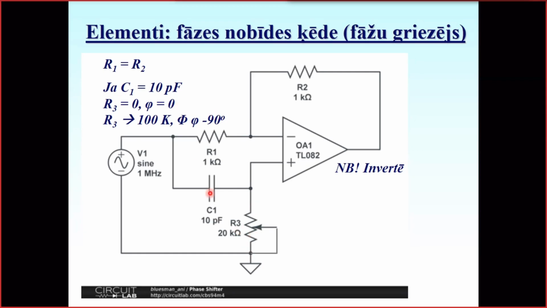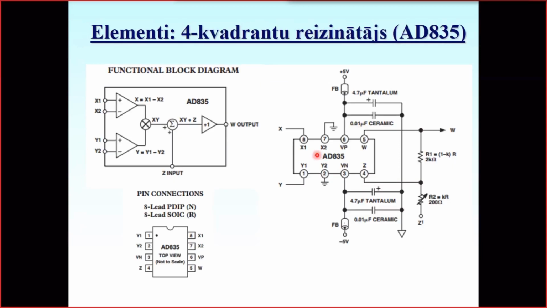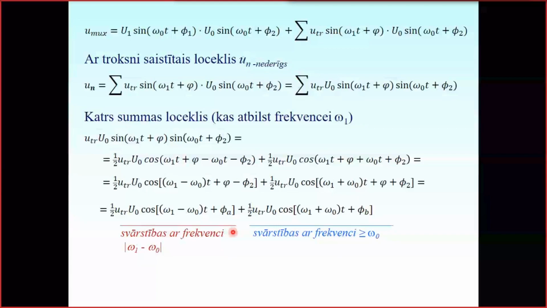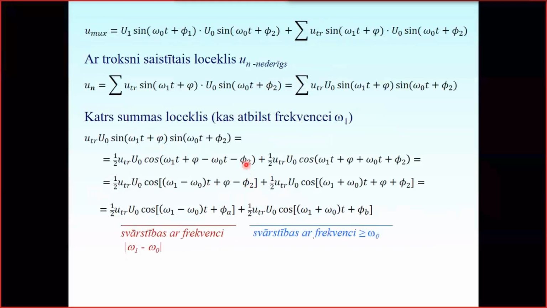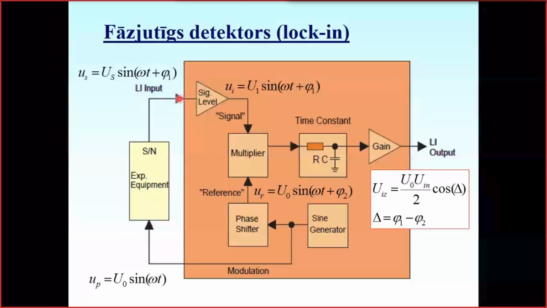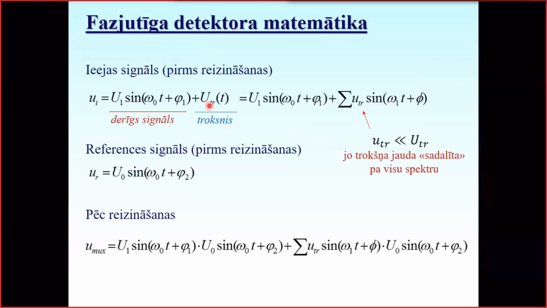When it grows, the phase shift may go up to minus 90 degrees. It's enough to have a phase shift within 90 degrees, because usually the shift is not higher than 90 degrees.